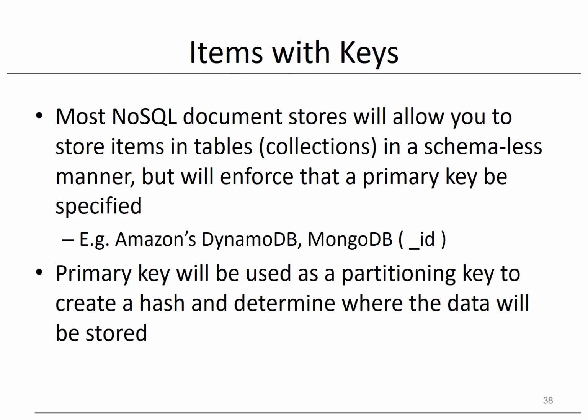Most NoSQL document stores will allow you to store items in tables or collections in a schemaless manner, but will enforce that a primary key be specified over each table to uniquely identify each item in the collection. This can be done by leaving it up to the end user to indicate which attribute should be used as the unique key, such as with Amazon's DynamoDB, or by predefining an always present primary key attribute itself.